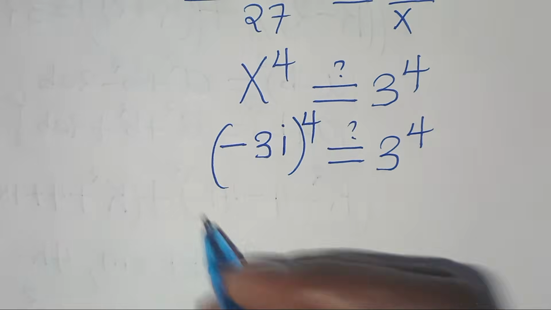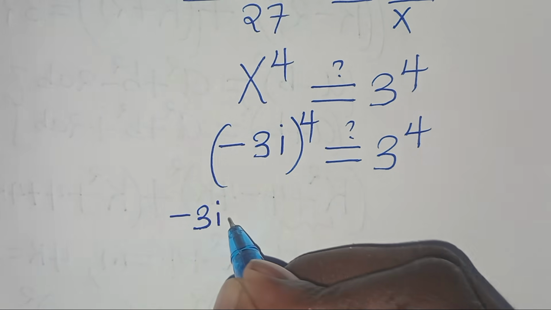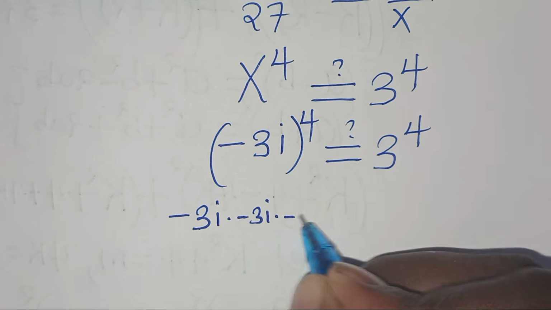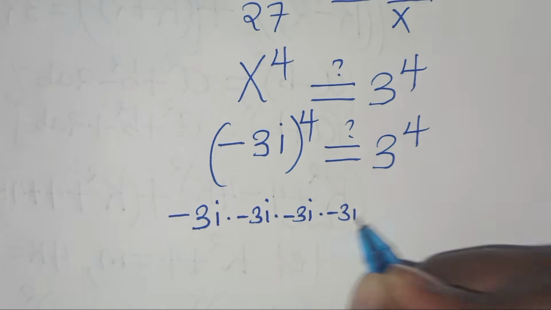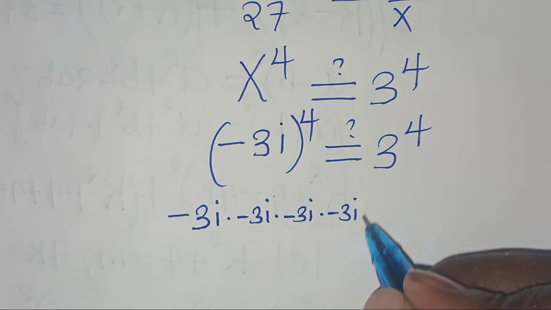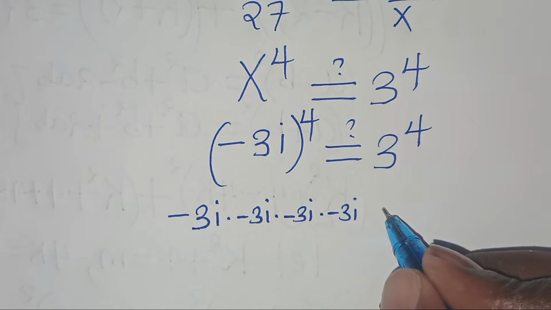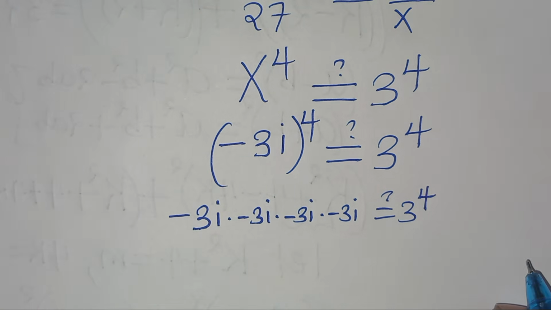So this is to mean that we have negative 3i times negative 3i multiplied by negative 3i multiplied by negative 3i. This should be equal to 3 to the power of 4.